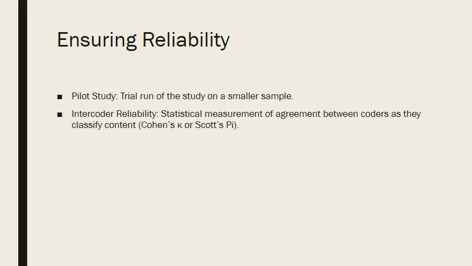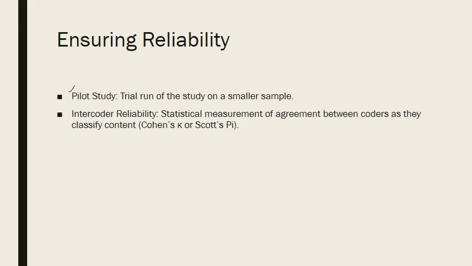Now, there are some things that studies or researchers do to ensure reliability. You won't be able to do this for your assignment because we're just doing micro versions of this. Some people will do pilot studies, and whenever you hear the word pilot study, what it basically means is doing a trial run of a study on a smaller sample before we do the full Monty, right?